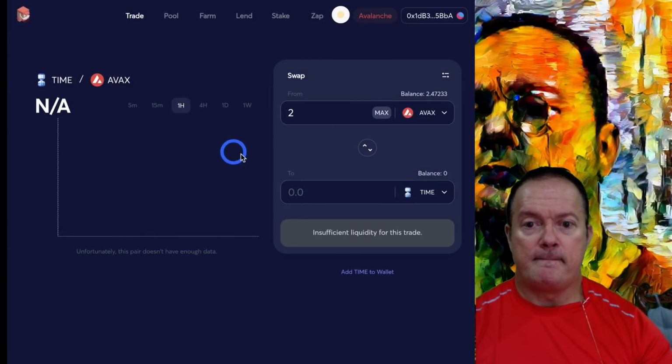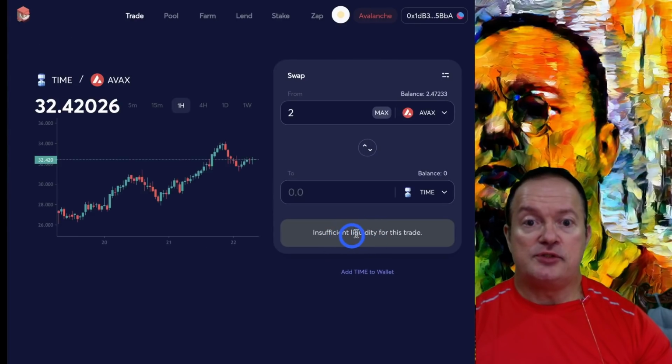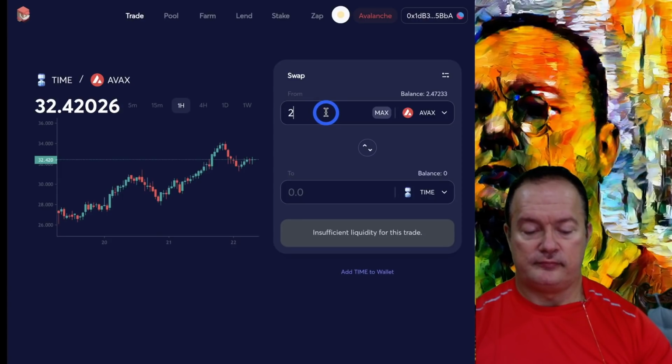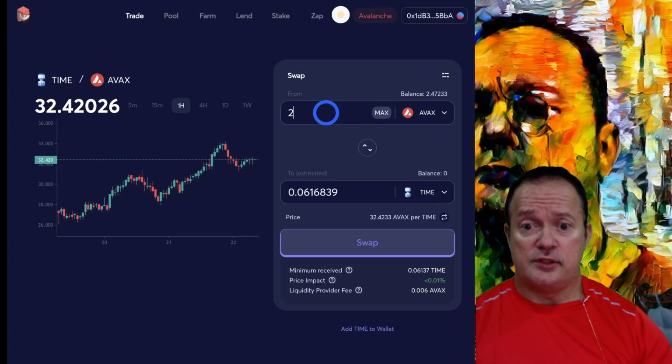This should be enough liquidity. Just have to wait a little bit. Okay, that's slow. There we go. All right, so 0.06 TIME token.